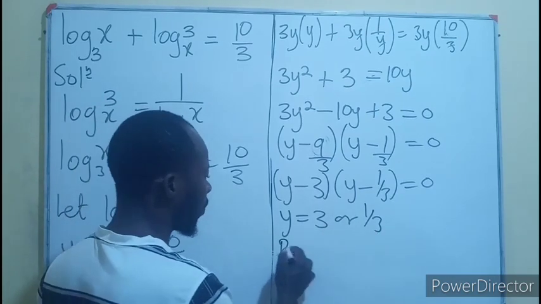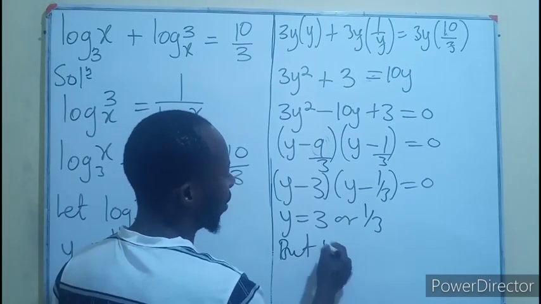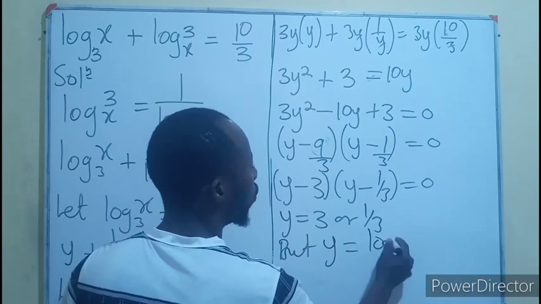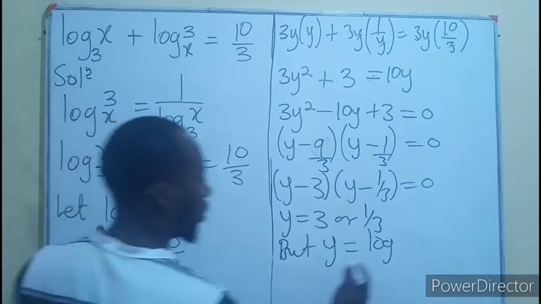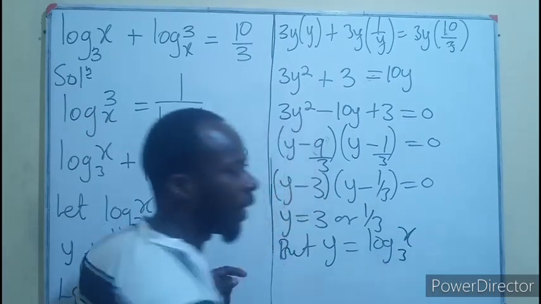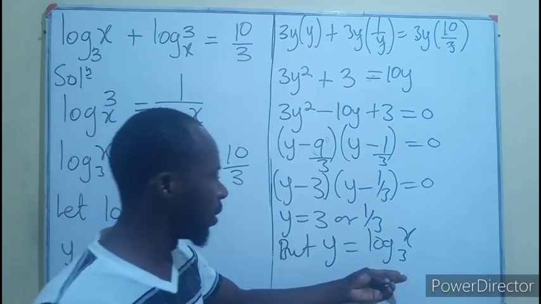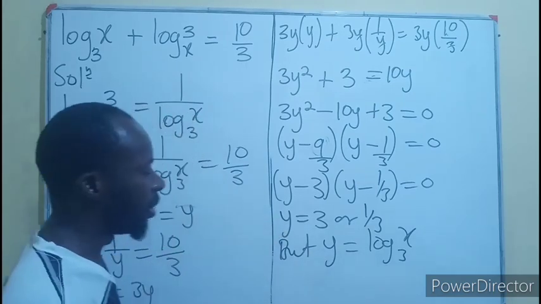So y is either this or this. But don't forget that our y equals log x base 3. So that is the substitution, taking the first y to be 3.